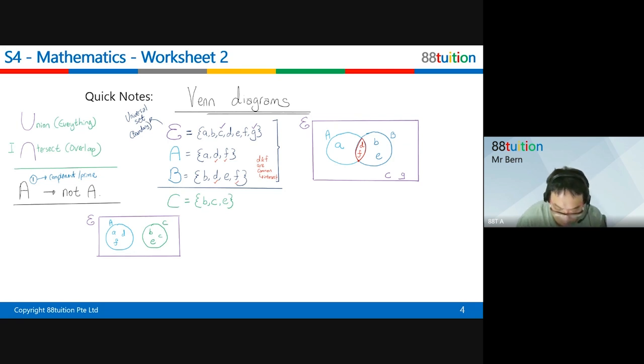Or they can come up with another situation. Maybe we have a D, which consists of, let's say, C and E. Now the question wants you to draw C and D. So you draw a rectangular box again.